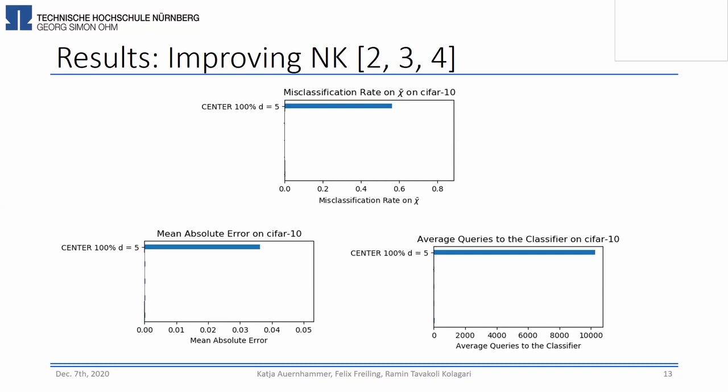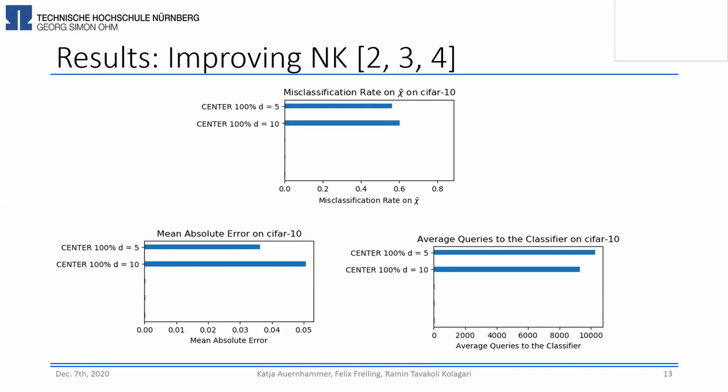We first use our optimized merge drift, which means we set D to 10. And we can already see that the misclassification rate is slightly improved, while the average queries to the classifier are also improved, namely reduced. The mean absolute error, however, is increased.